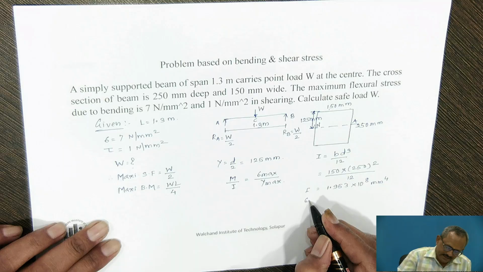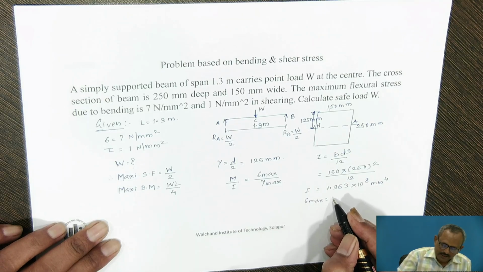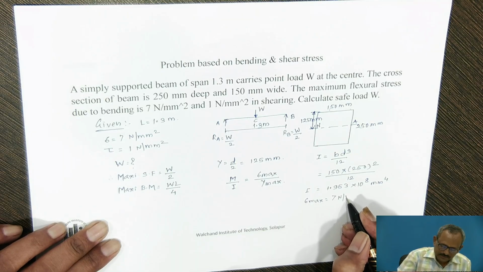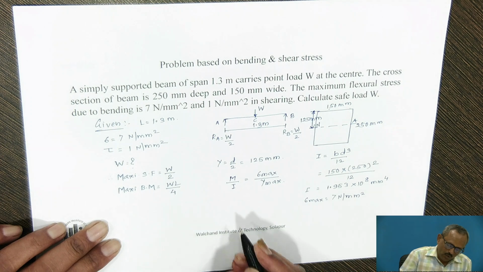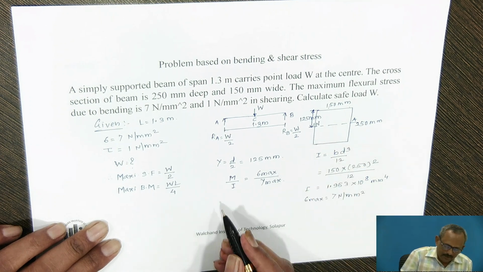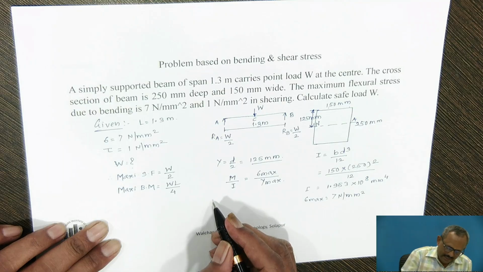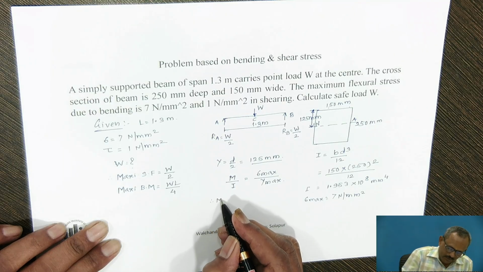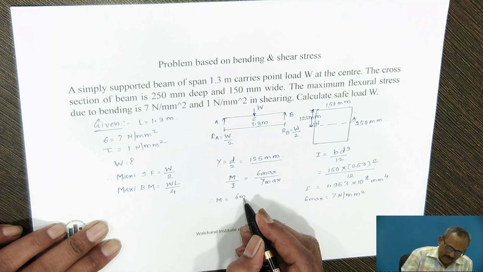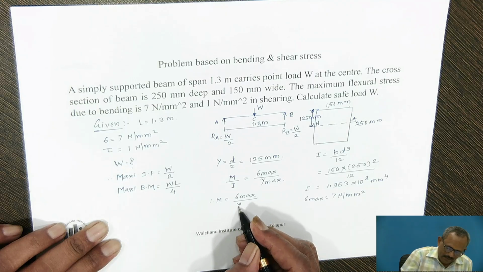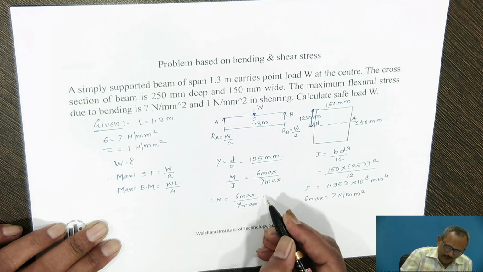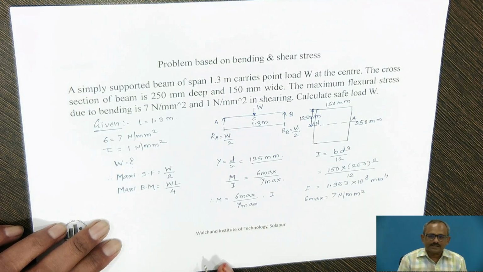Maximum bending stress is given as 7 Newton per mm square. Ymax we have already calculated, that is 125 mm. Hence, M is equal to sigma max divided by Ymax into moment of inertia.